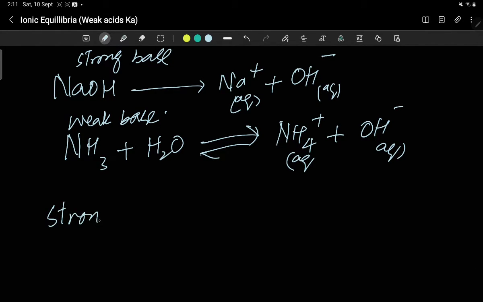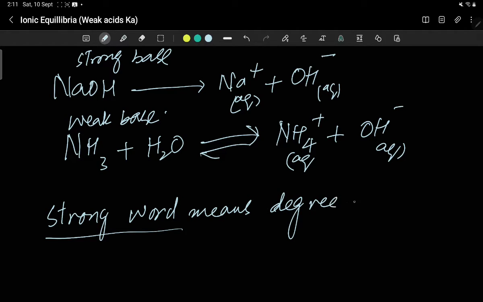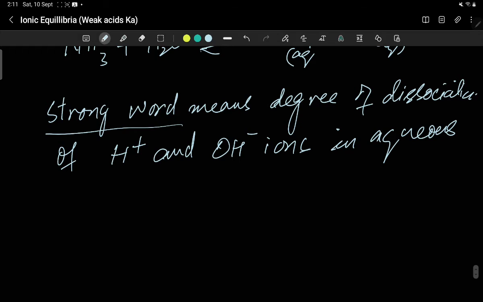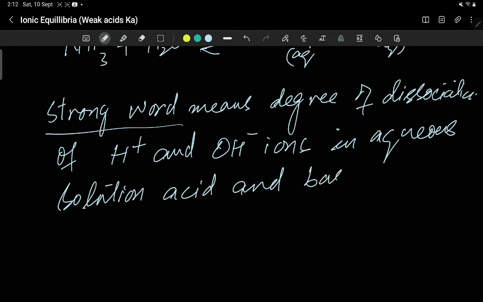Strong means the degree of dissociation of H positive ions and OH negative ions in aqueous solution of acid and base respectively.